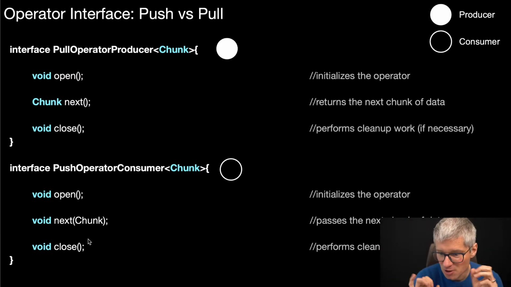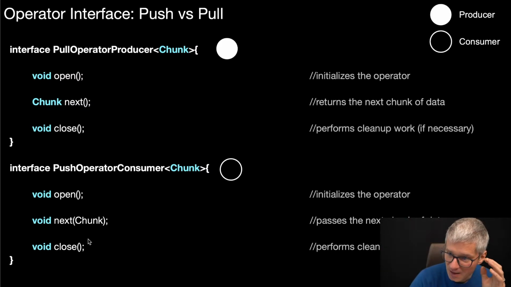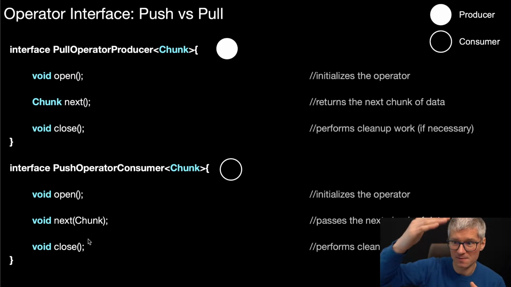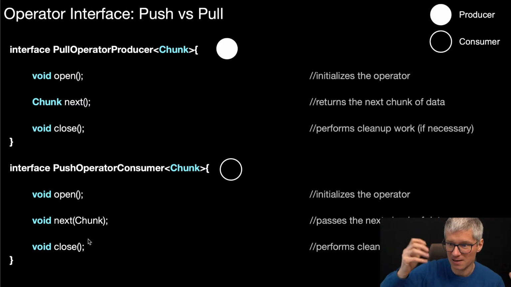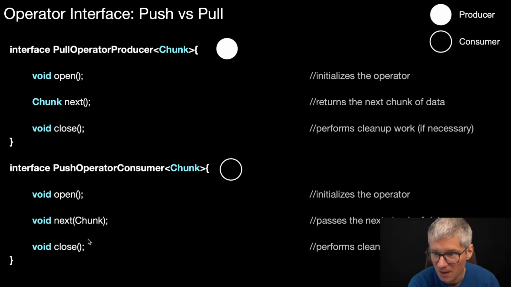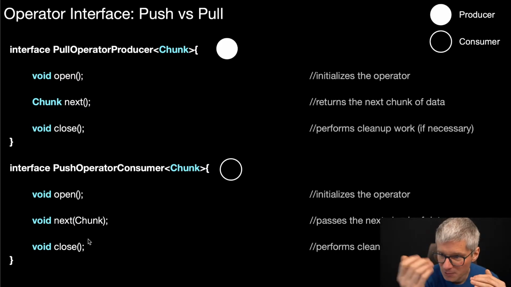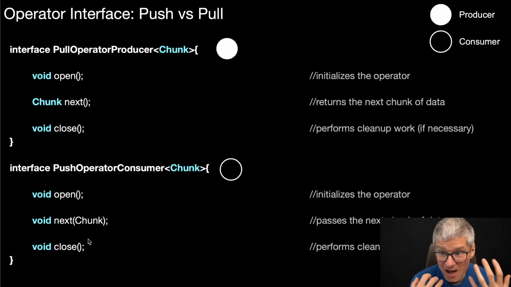That's a major differentiation. In any case, data flows from bottom to top. It doesn't flow from top to bottom. Like in any relational algebra expression we've ever seen, it's always from bottom to top. But the difference is more about who controls the computation, who decides what is being done next.